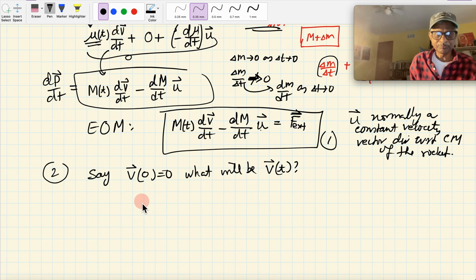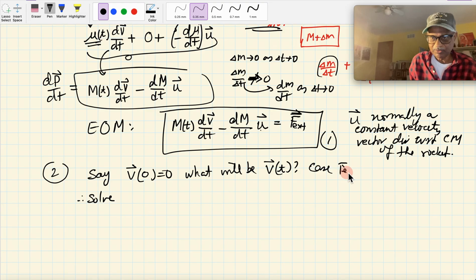So we need to solve this equation with the 0 on the right side. So the case is f external equal to 0.